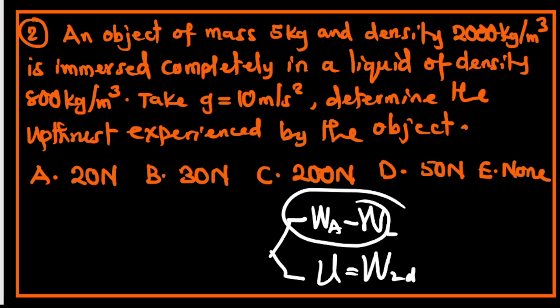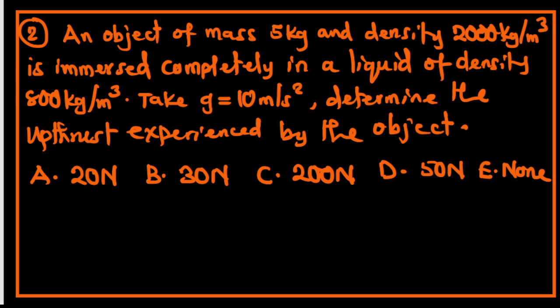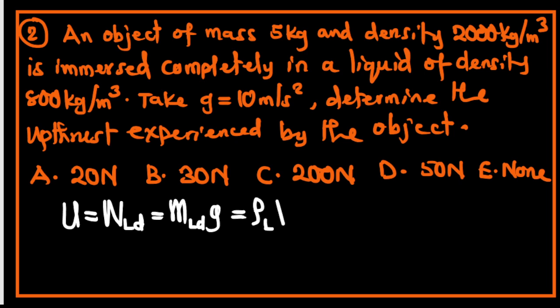So when you're looking for upthrust, two ways: either by the definition of upthrust itself or from Archimedes principle. So upthrust equals weight of liquid displaced, mass of liquid displaced times G, which is density of liquid, volume of liquid displaced times G.